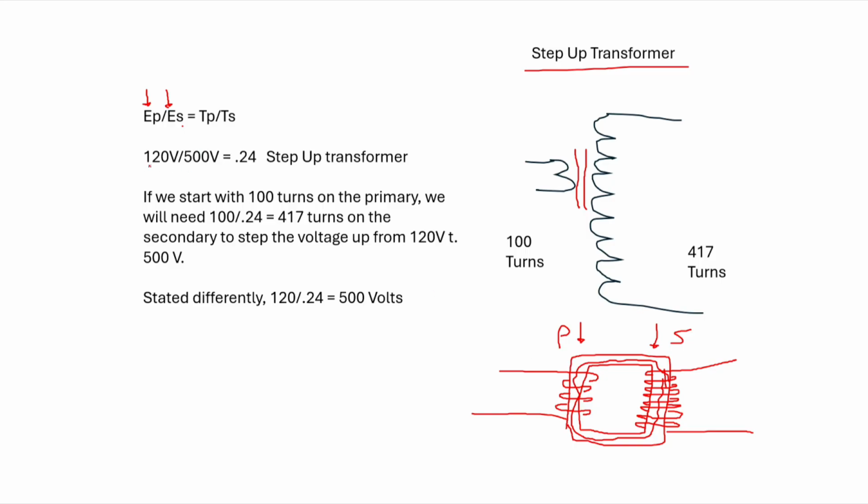You just need to know how much it steps up or down. So let's say I put 120 volts AC into this transformer from the wall, and I measure the output, and we're doing RMS voltage here, and I know I'm going to get 500 volts out. That's directly proportional to the number of turns. So 120 divided by 500 is 0.24. That's the turns ratio.